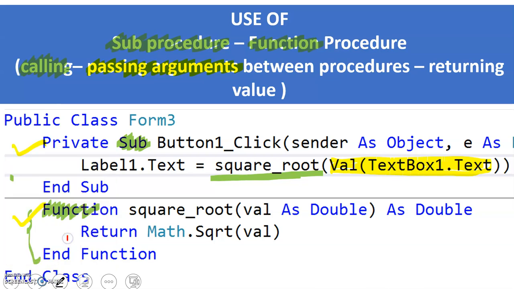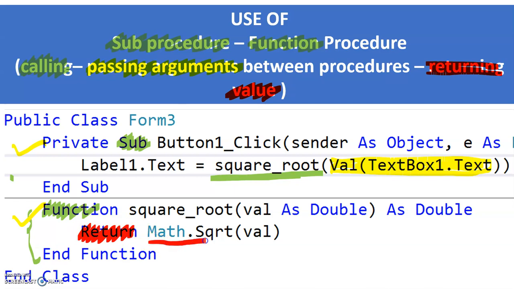Then at the end, we are returning the value, whatever we get from this function. So this is about the sub procedure, function procedure, calling, passing arguments, and returning values.